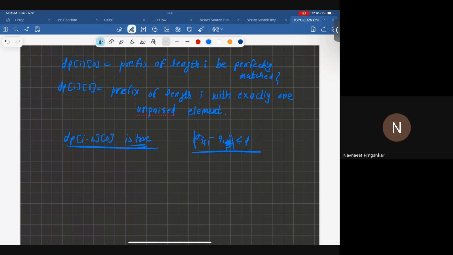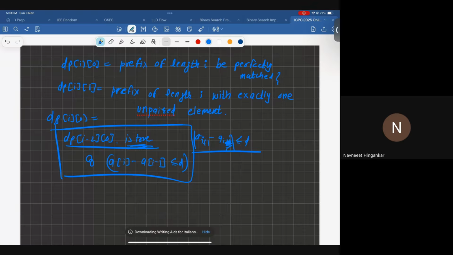So DP[i-2][0] is true and A[i] minus A[i-1] is less than or equal to D. This is DP[i][0], where we are perfectly pairing with each other. And DP[i][1], you can also use some prefix suffix operations to simulate this.